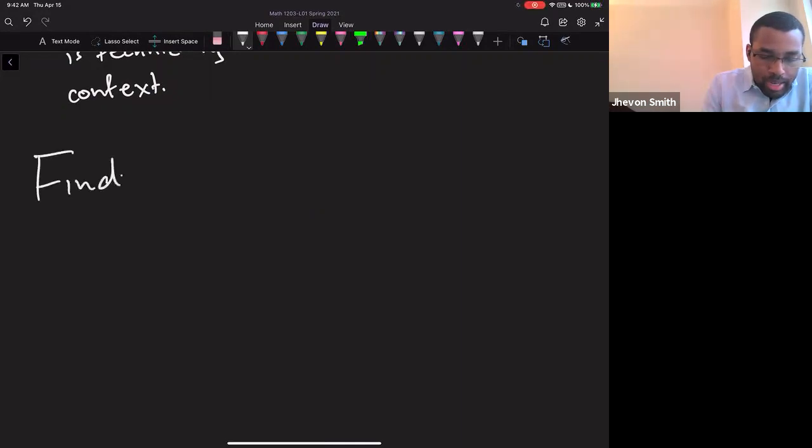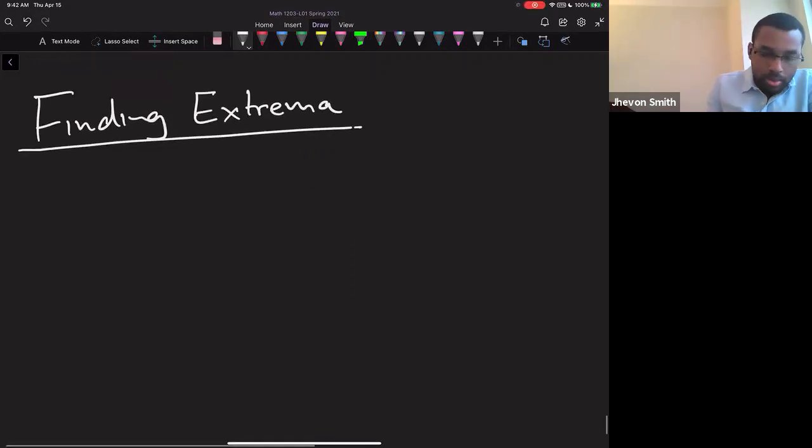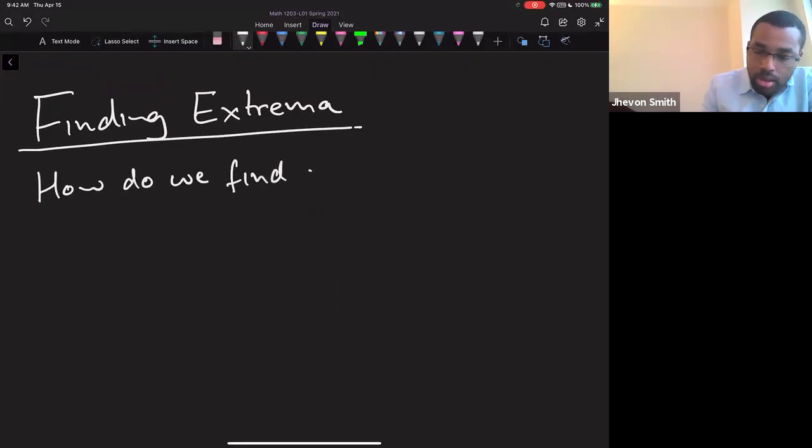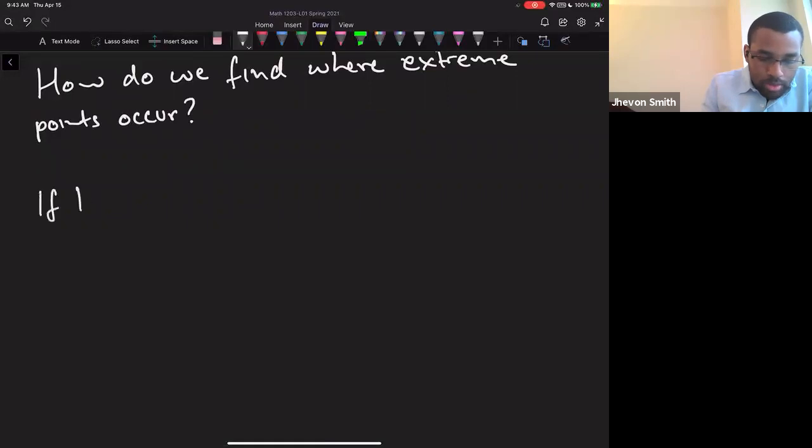Now let's talk about finding extrema, but we'll do examples next time. How do we go about finding extrema? Because it's going to be important. Well, if local, use the first derivative test.